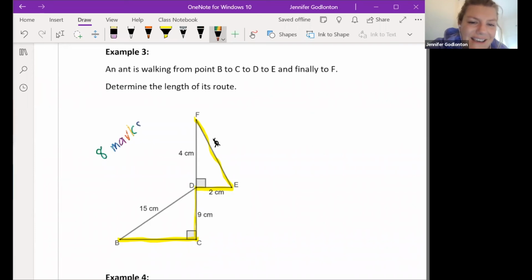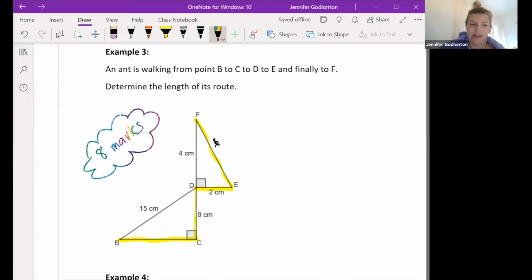Let's see who can get close to that 8-mark goal. Just give it your best go. Put your thinking hats on. Get your calculators out. Make sure you're feeling comfortable with your work, and then we can go through it together.